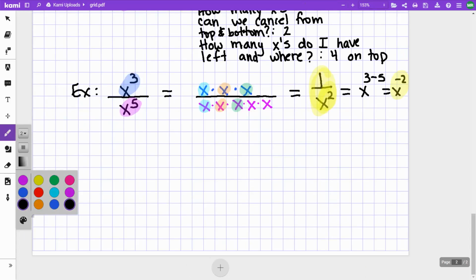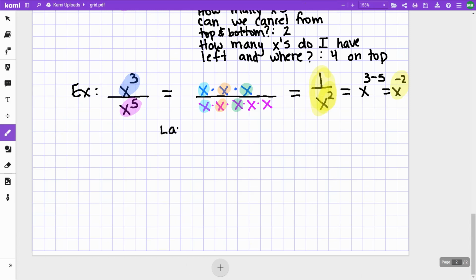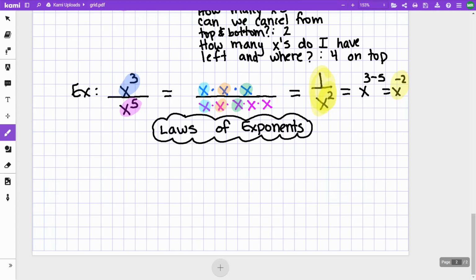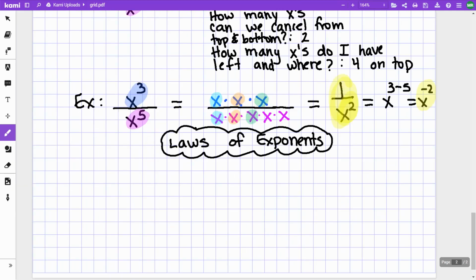Laws of exponents. Okay, so the first one I'm going to write is, let's say I'm going to use the letters, x to the A times x to the B, where I'm multiplying the same base, it has to be the same base.